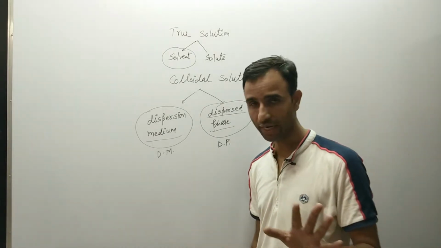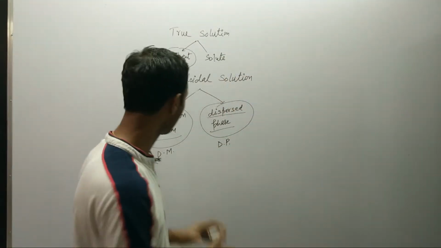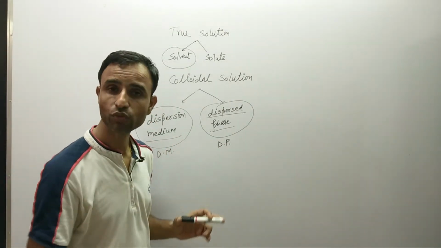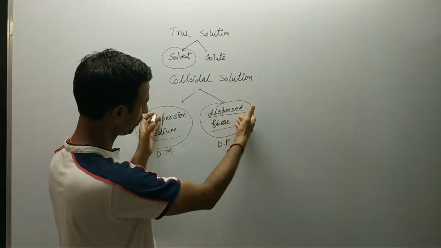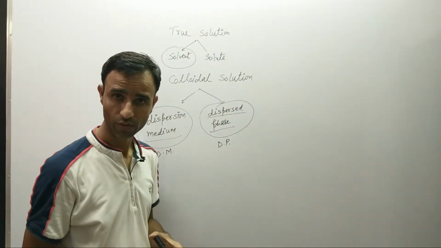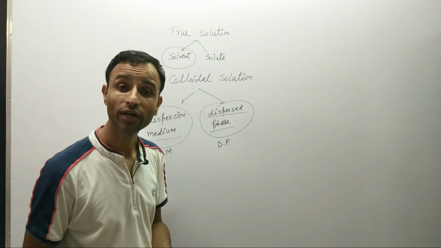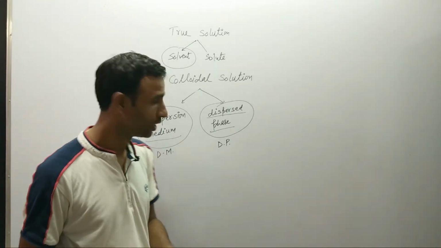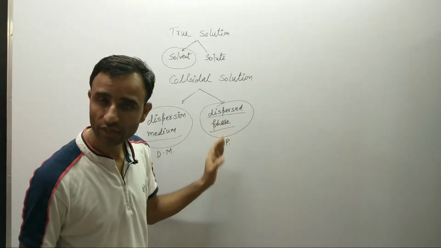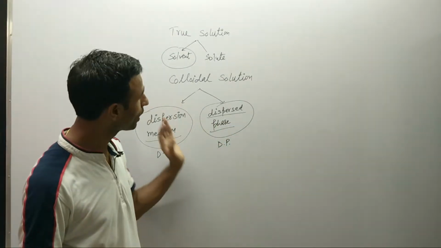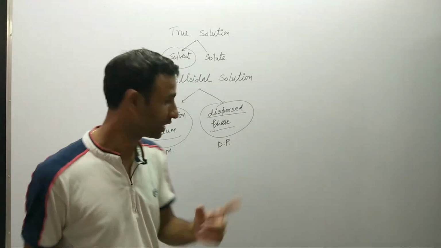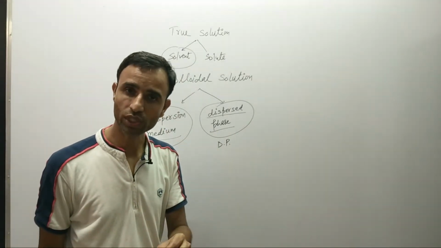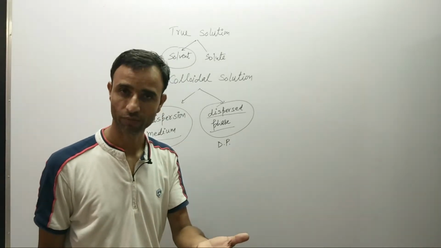Now, on the basis of their interaction, because when colloidal solution is formed, either they interact with each other, obviously they will interact, or something special could take place to make them together. So on the basis of their interaction with each other, they are classified as lyophilic sols and lyophobic sols.